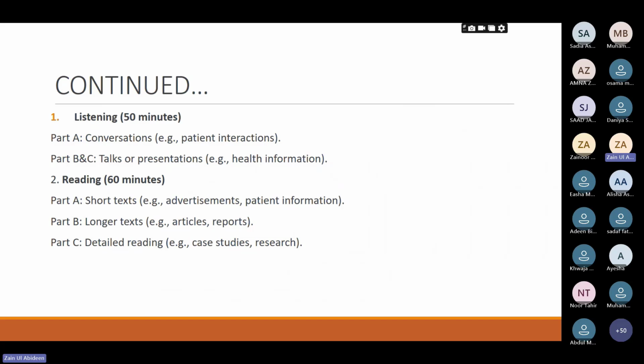And the next is the reading part. The reading part consists of 3 parts, part A, B, and C, with a total of 60 minutes. Part A is a short test. You're going to be given advertisements of patient information. It's going to be 4 paragraphs, A, B, C, and D, and they're going to give 20 questions for those 4 paragraphs, and you're going to be looking at those paragraphs, finding the answer, and writing it in those questions.